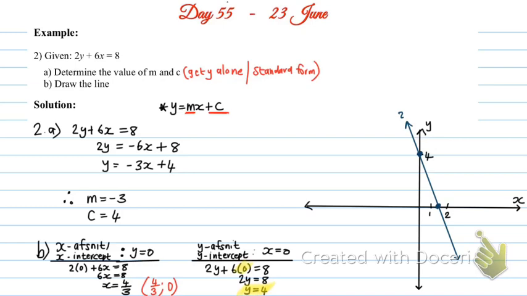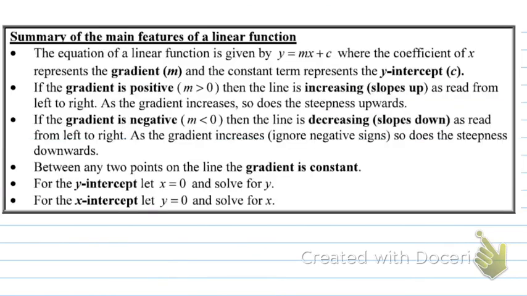Draw a line with arrows, write down the original equation, and then the coordinates of the intercepts. That's all I need to do.